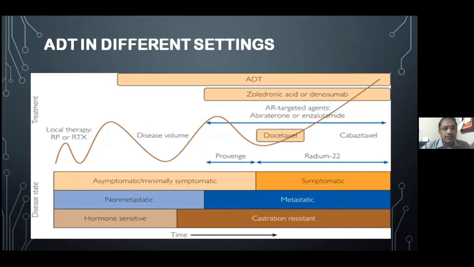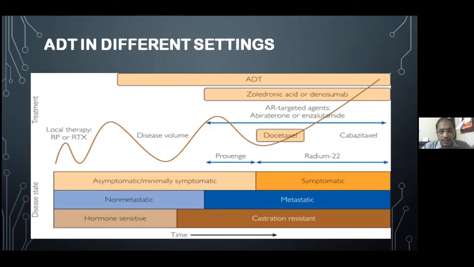Now, ADT in different settings. What I want to highlight with this slide is that for localized, asymptomatic disease, there is a potential role of hormone therapy, either alone or in combination. If the disease volume increases, that is locally advanced disease, then also there is an important role of hormone therapy, either alone or in combination with local therapy.